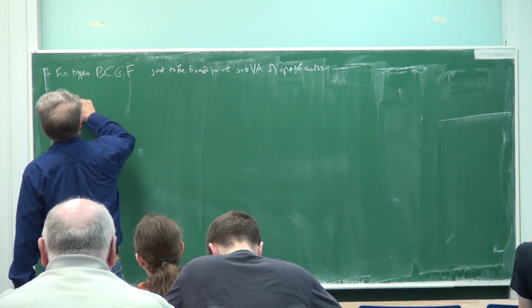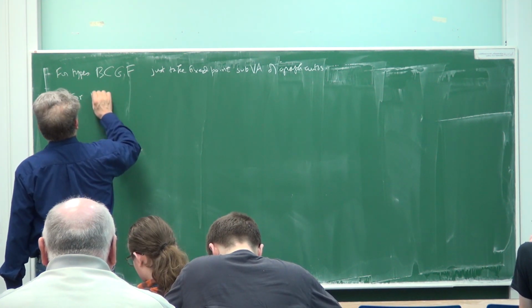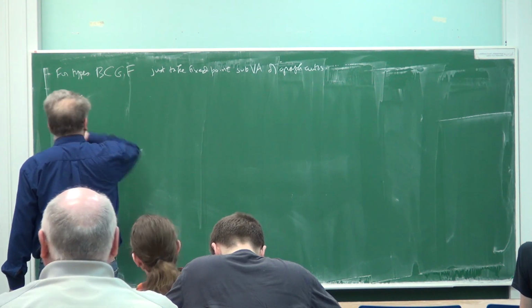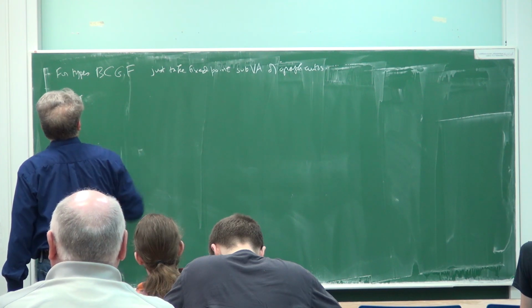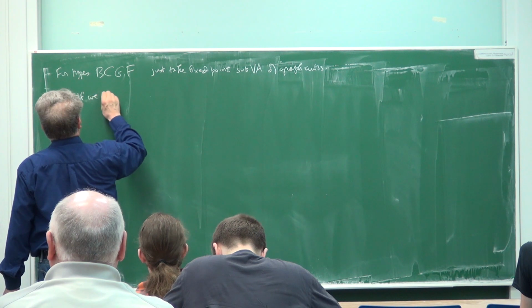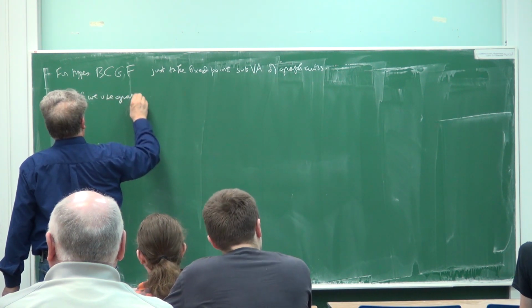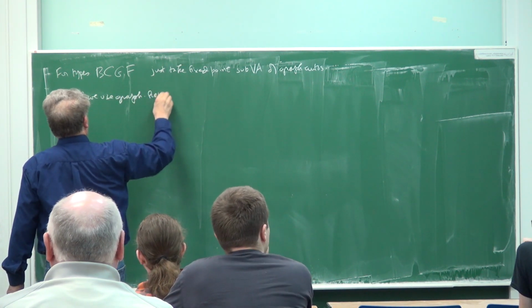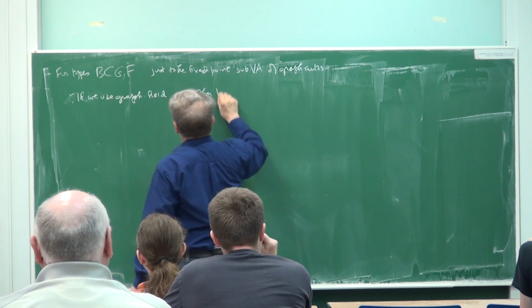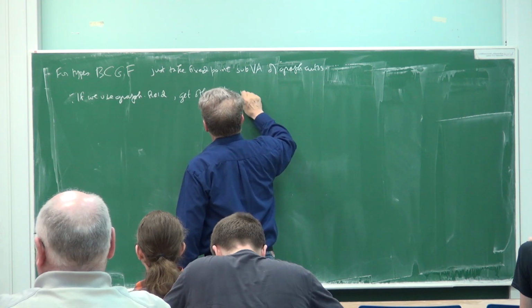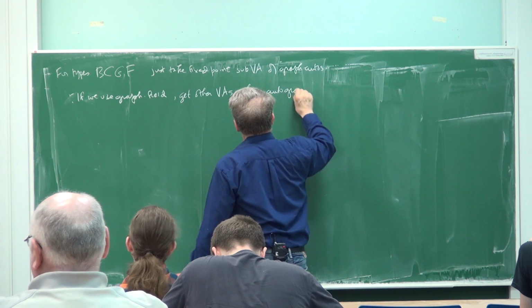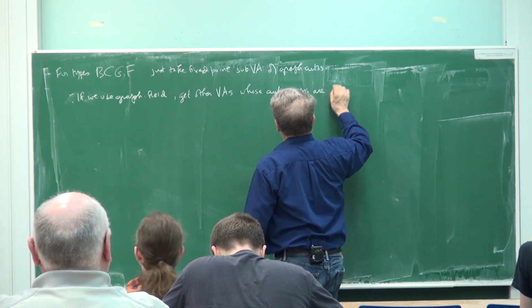And for twisted, what's the word? And so if we use graph times field, we get other vertex algebras whose automorphism groups are the Steinberg groups.